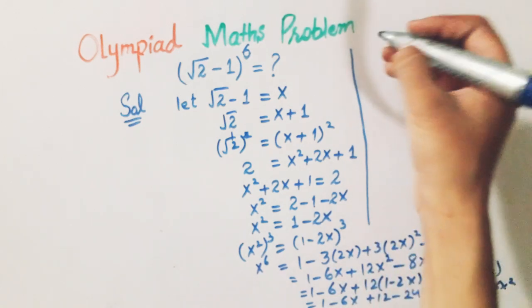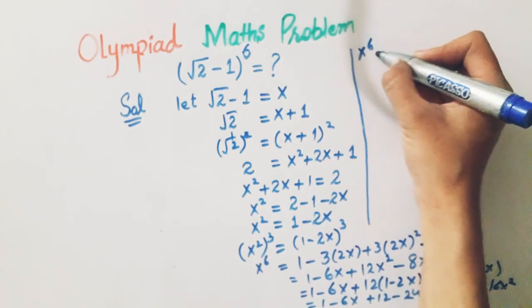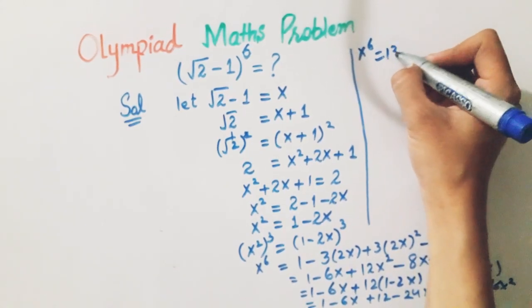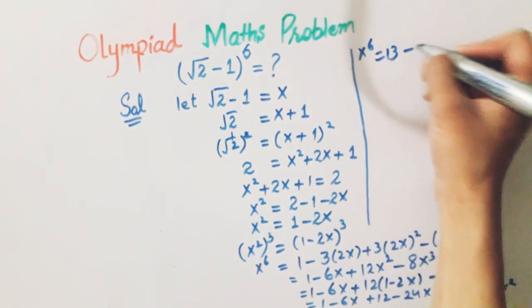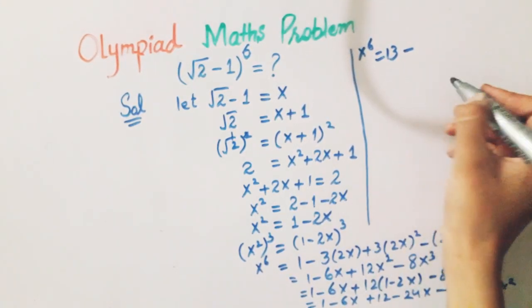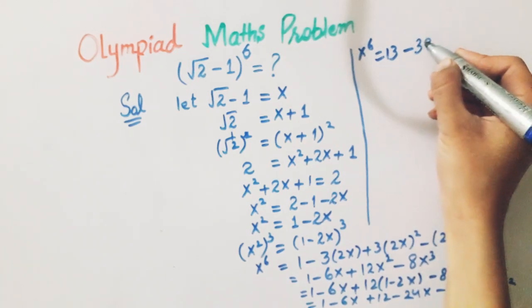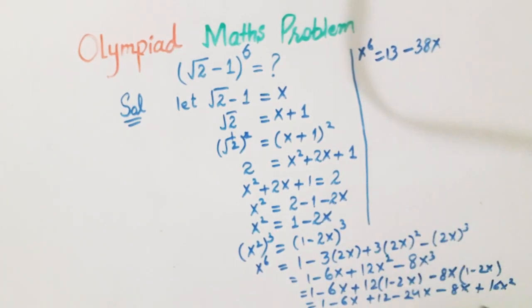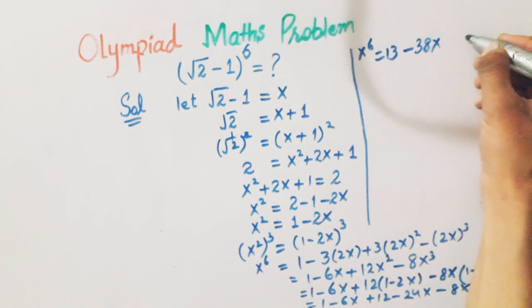So we get x to the power 6 equals 13 minus 38x and plus 16x squared.